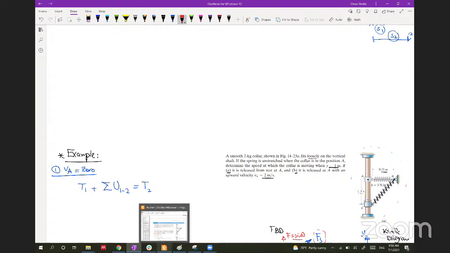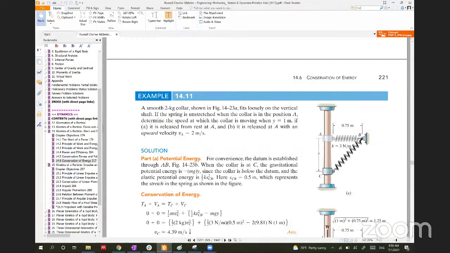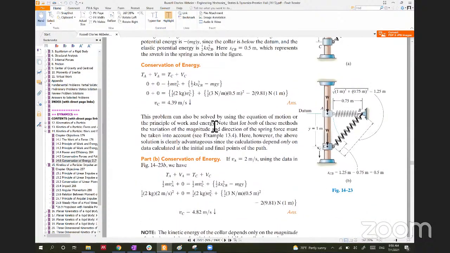If you have the Hibbeler textbook, it will tell you that this problem can also be solved using the equation of motion, drawing the free body diagram. Note that for both of these methods, the variation in the magnitude and direction of the spring force must be taken into account.